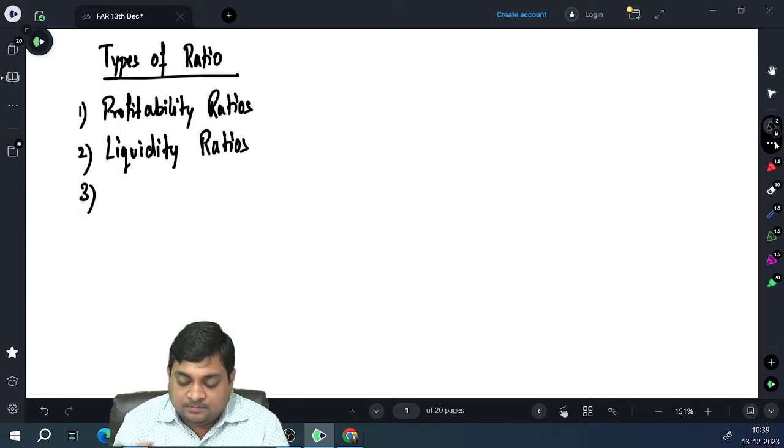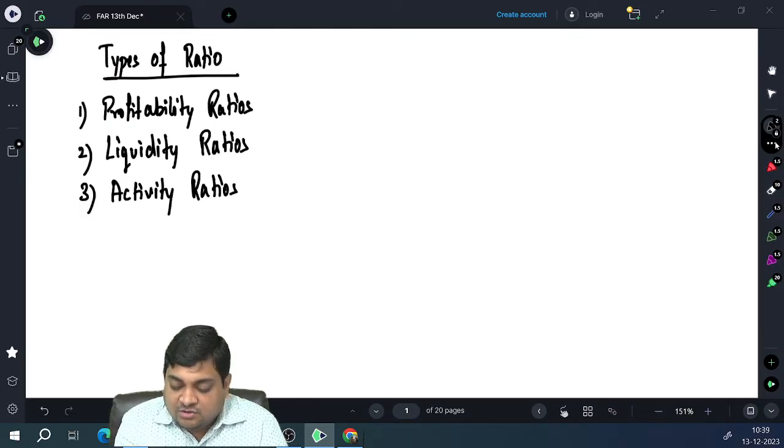And then you have activity ratios, then you have solvency ratios.